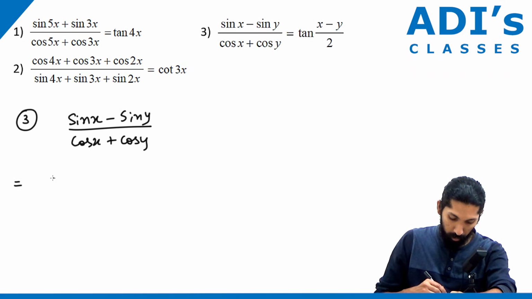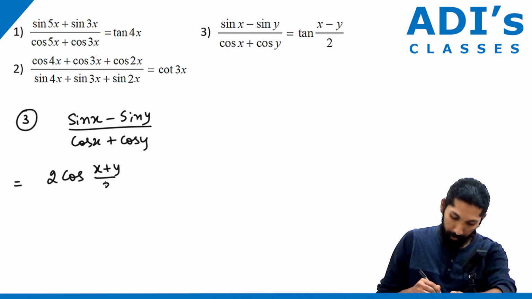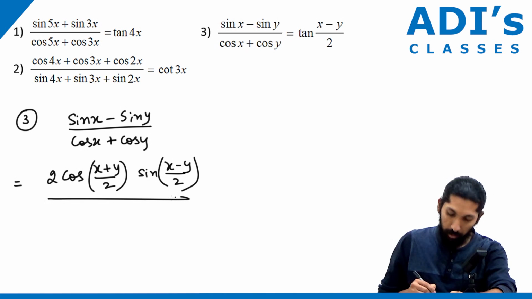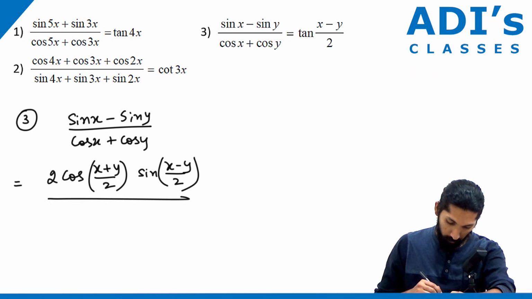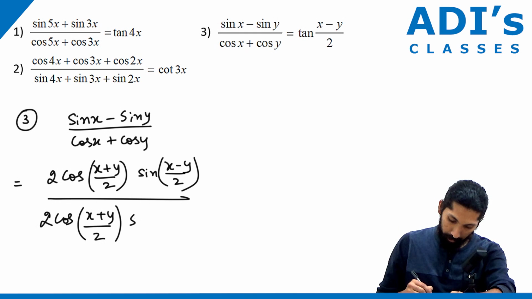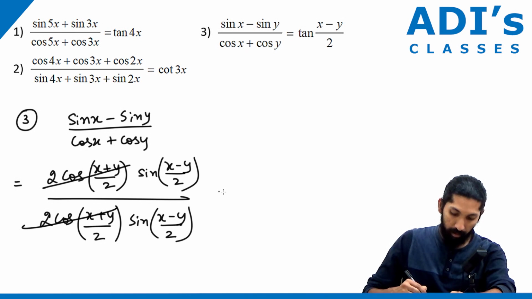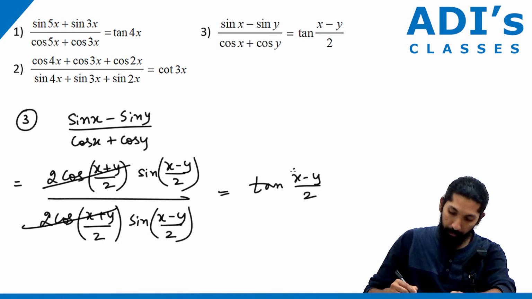So this becomes 2 cos x plus y by 2 into sin x minus y by 2, divided by 2 cos x plus y divided by 2 into sin x minus y divided by 2. This and this cancels. Directly you will get the answer tan of x minus y by 2.